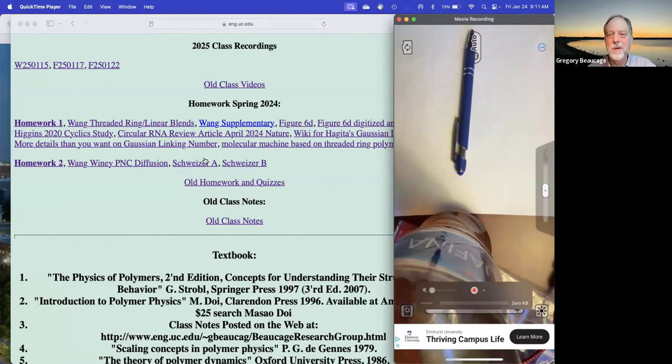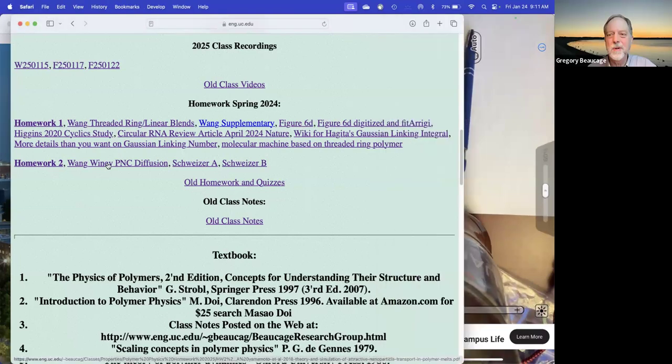Anyway, this is the paper. Still connected.